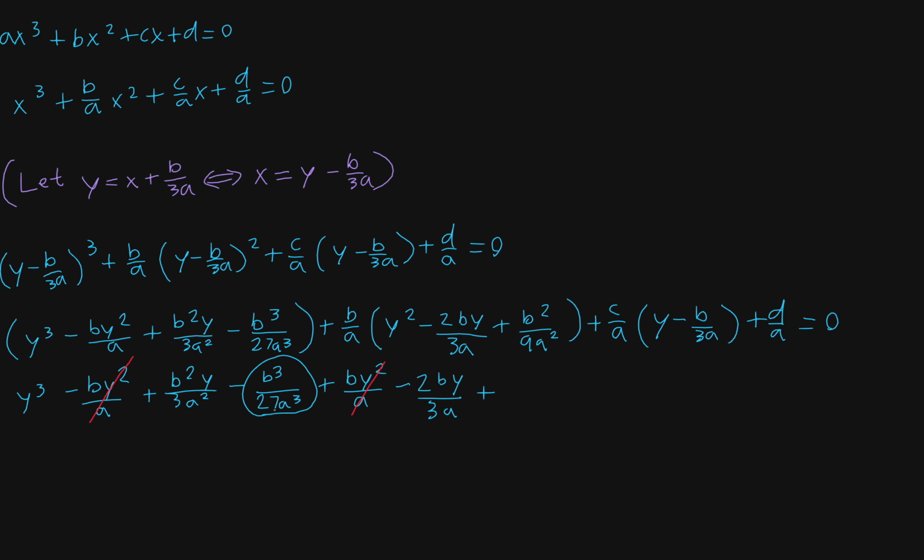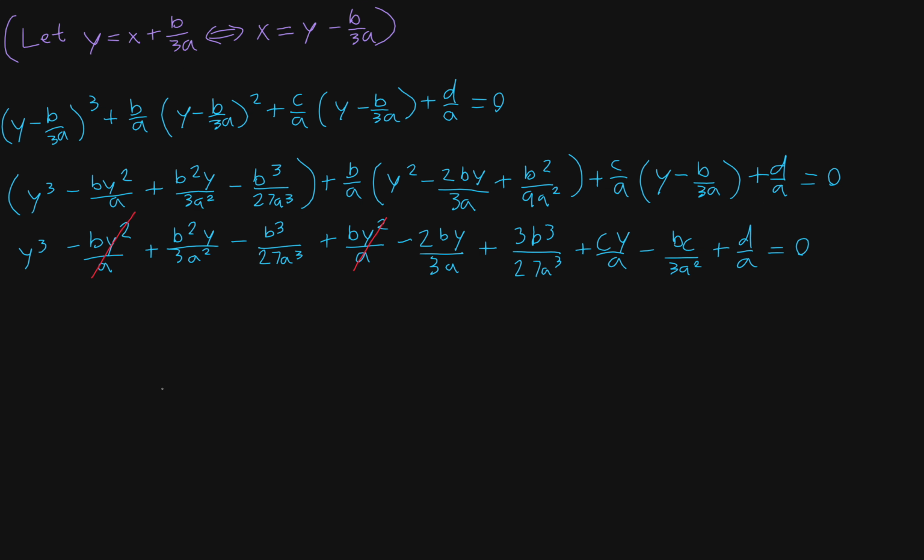We're going to basically add those up after, but I'm going to keep it as plus 3b³/27a³, and then plus cy/a minus bc/3a² plus d/a is equal to 0.